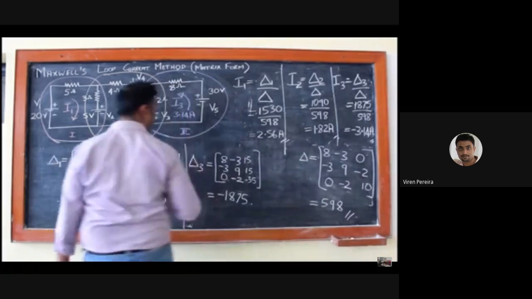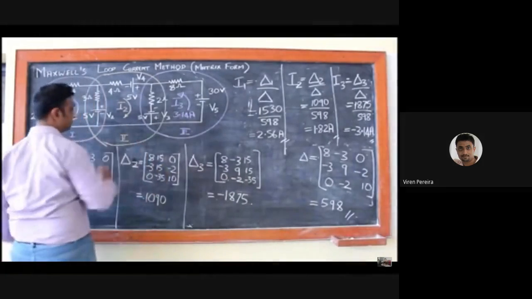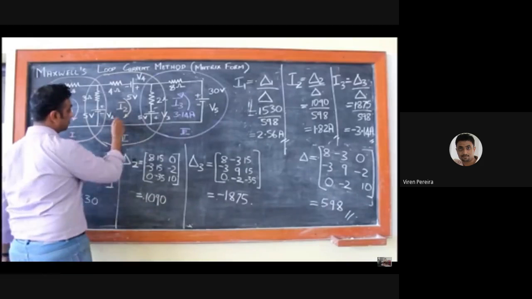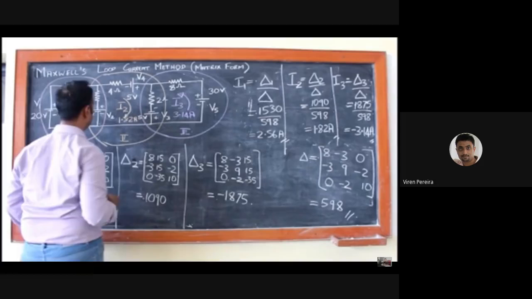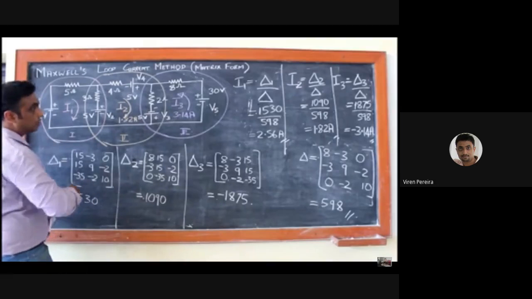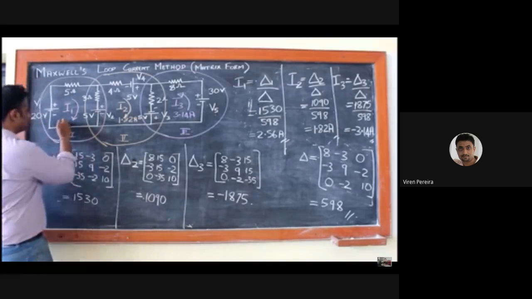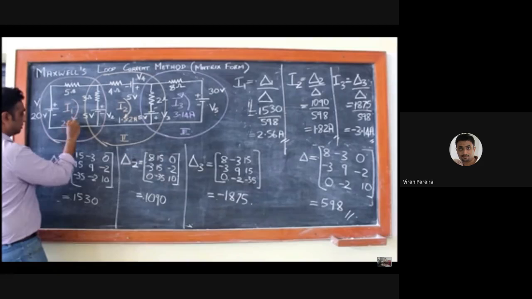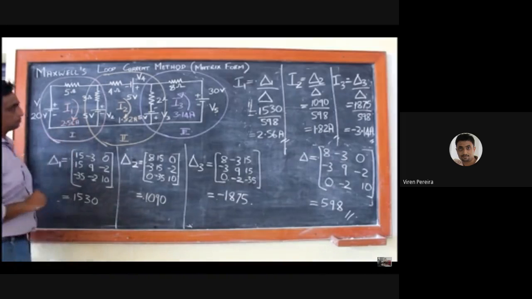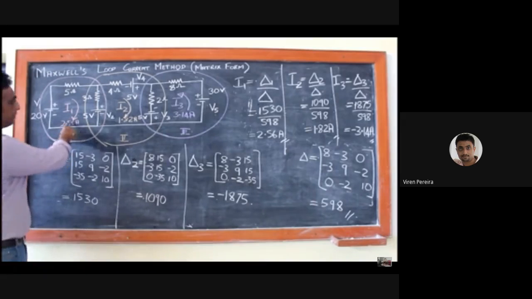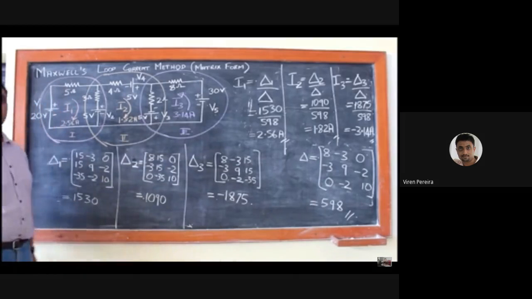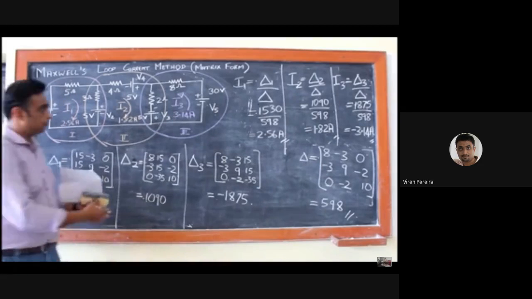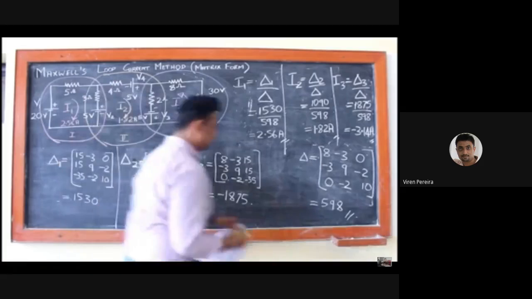So I2 is 1.82 amps and I1 is 2.56 amps. So I have 2.56, 1.82 and 3.14 amps. Now, I will drop this out.